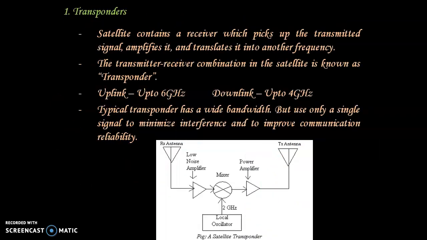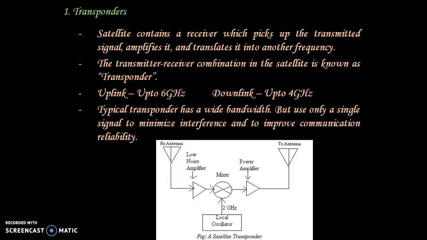Thus, a satellite has to receive, process and transmit the signal. All these functions are performed by a unit called a transponder. The block diagram of the transponder is shown in the figure. The basic function of a transponder is amplification and frequency conversion. The uplink signal at 6 GHz is received by the satellite antenna and applied to a low noise amplifier.